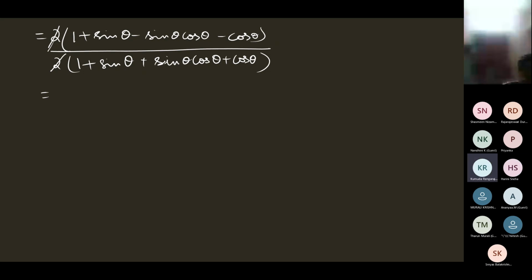What do we normally do when we have 4 terms? Ninth standard, 8th, 9th standard. Supposing you have to factorize an expression which has 4 terms, what do you normally do?